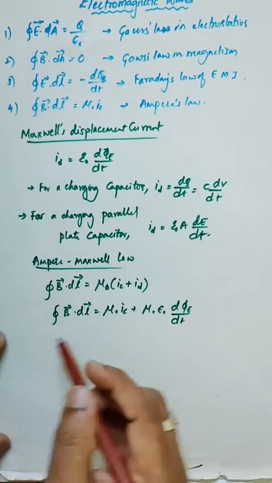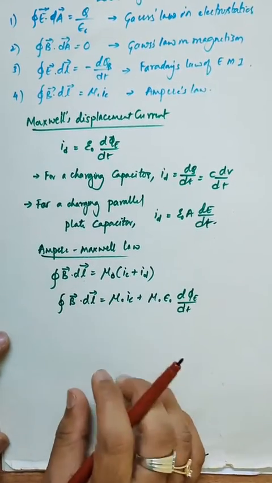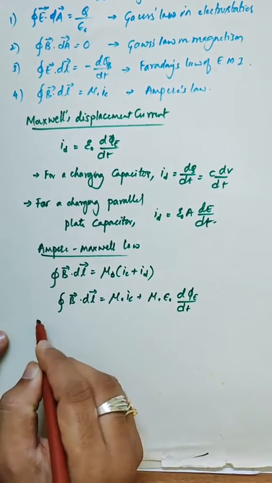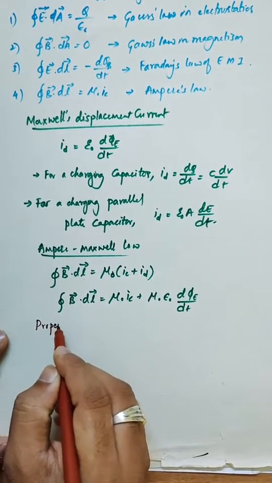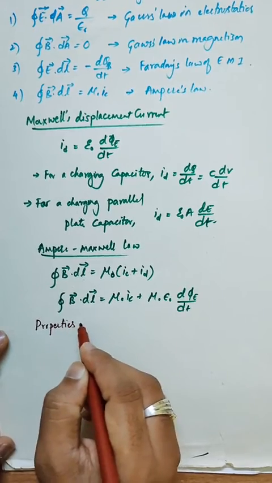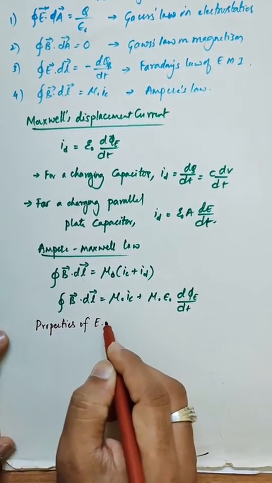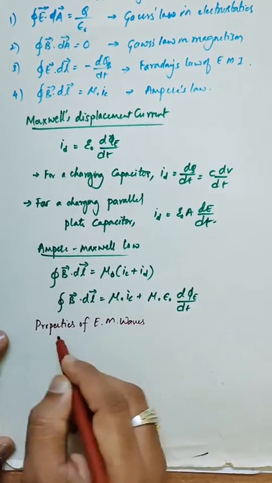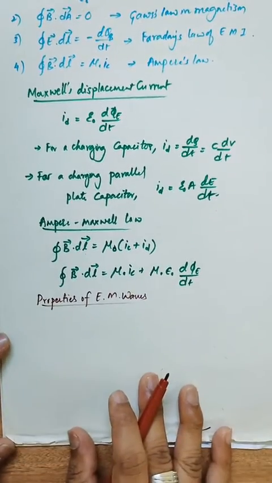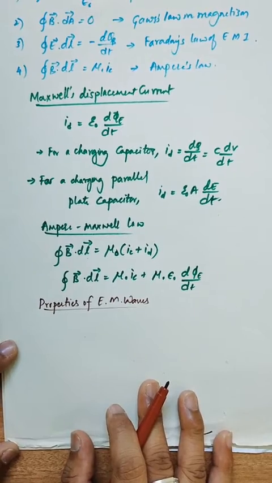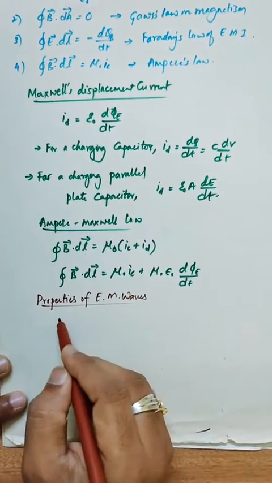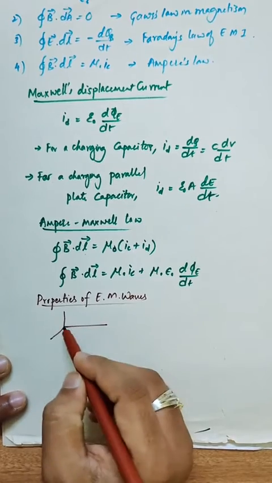Next we have the properties of electromagnetic waves. Basically, for an electromagnetic wave, we can have a figure like this.